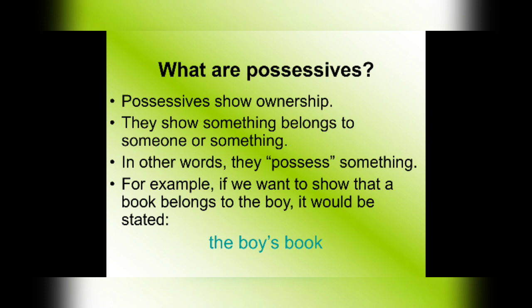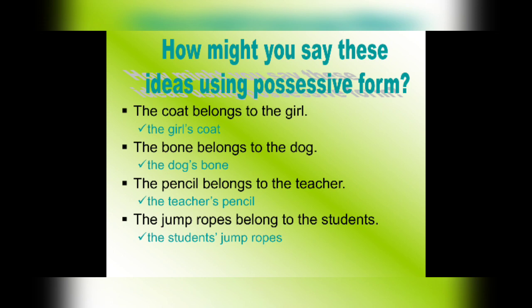Have you understood how the example tells us that the book belongs to this boy? As the definition says, it shows the ownership. Very good. Let us see now this. The coat belongs to the girl. Now here in this example, you can clearly see how we have added the apostrophe s in order to show the possession of the girl. The girl's coat. The bone belongs to the dog.